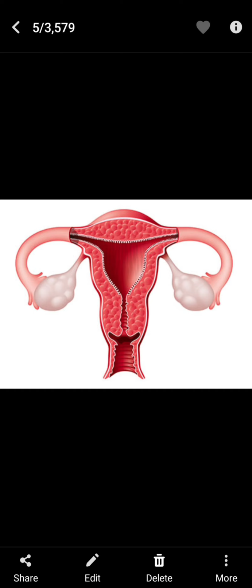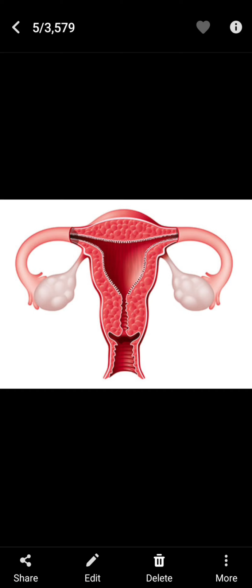The next stage is the late proliferative phase. It occurs until ovulation. The time period is from 9 to 14 days after menstruation, and the endometrium gets thickened more than the previous phase, the early proliferative phase, due to hyperplasia and stromal cell accumulation.